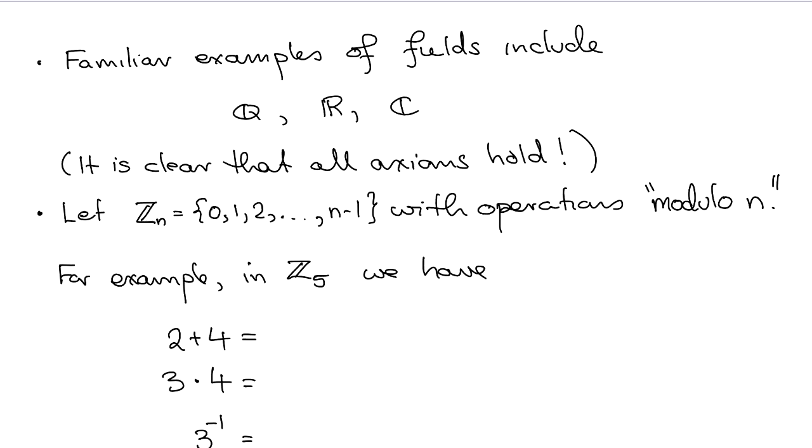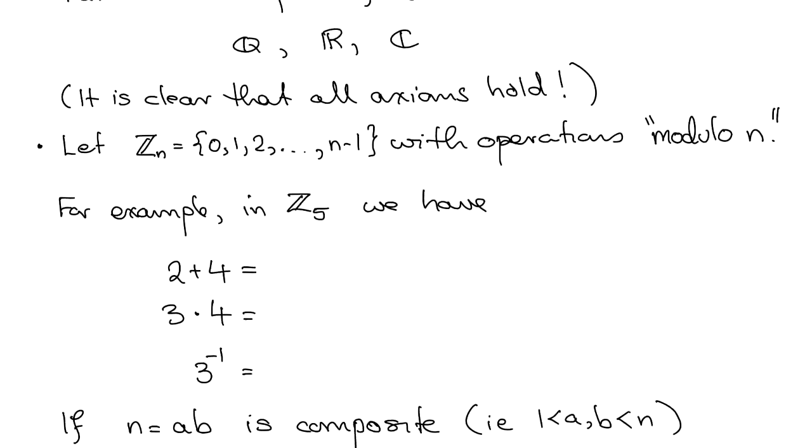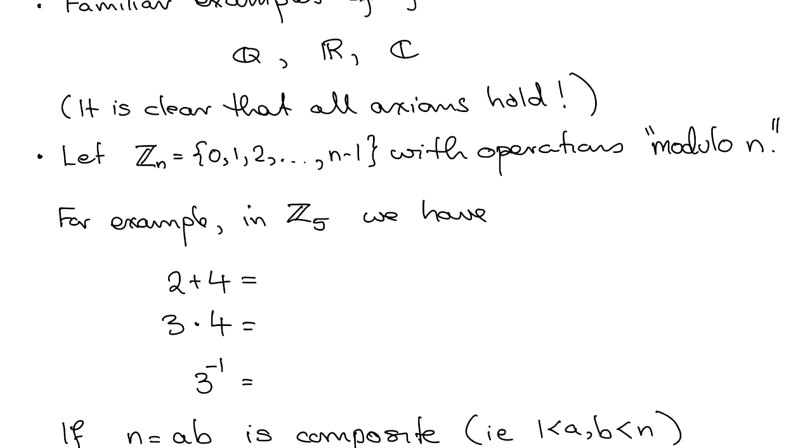So Zn with operations mod n. I'm assuming everyone's seen that, so you take the remainder on division by n. Okay, but let's just do it. So everyone has seen Zn, correct? Yeah. But let's just do an example. So in Z5, what's 2 plus 4 in Z5?